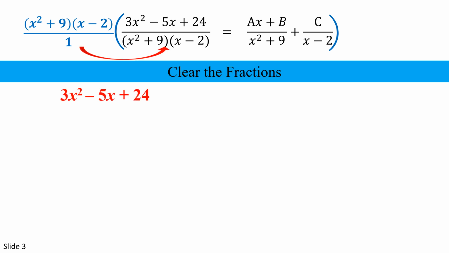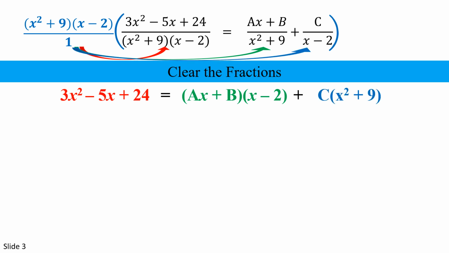Multiplying on the left side, everything cancels, so we're just left with 3x squared minus 5x plus 24. On the right, the first fraction, the x squared plus 9 cancels, so we have Ax plus B times x minus 2. And the last fraction, the x squared plus 9 times C is left because the x minus 2 canceled.